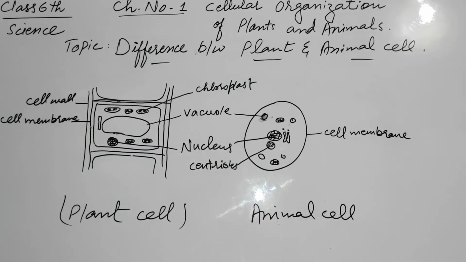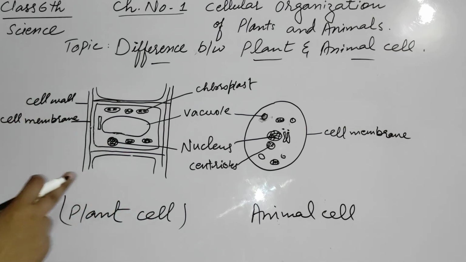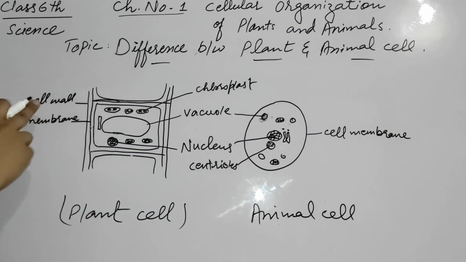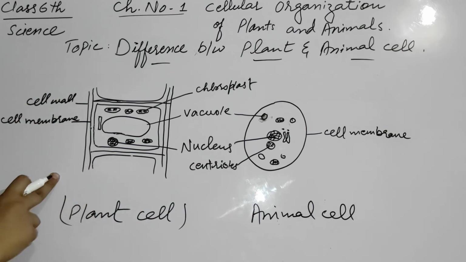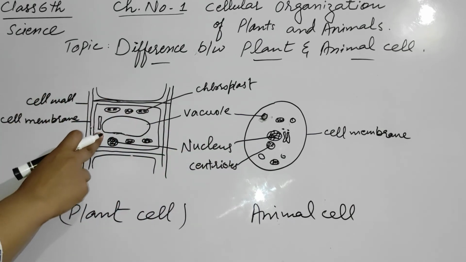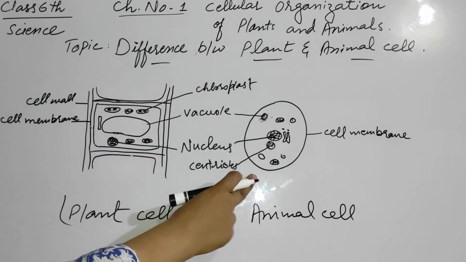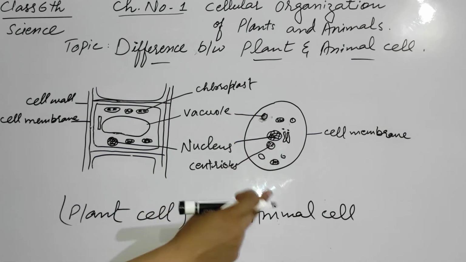Endoplasmic reticulum, mitochondria, nucleus, and cell membrane are the similarities, but the differences between plant cell and animal cell are these. The cell wall is present in the plant cell but not in the animal cell, and a large vacuole is present in the plant cell but smaller and more numerous vacuoles are present in the animal cell.